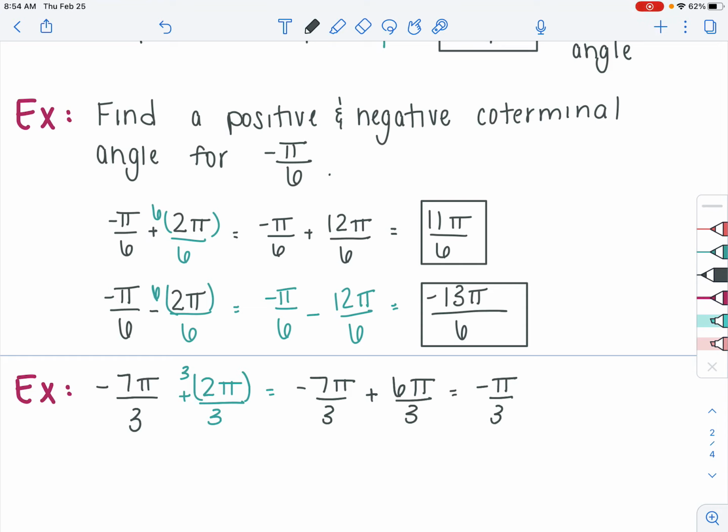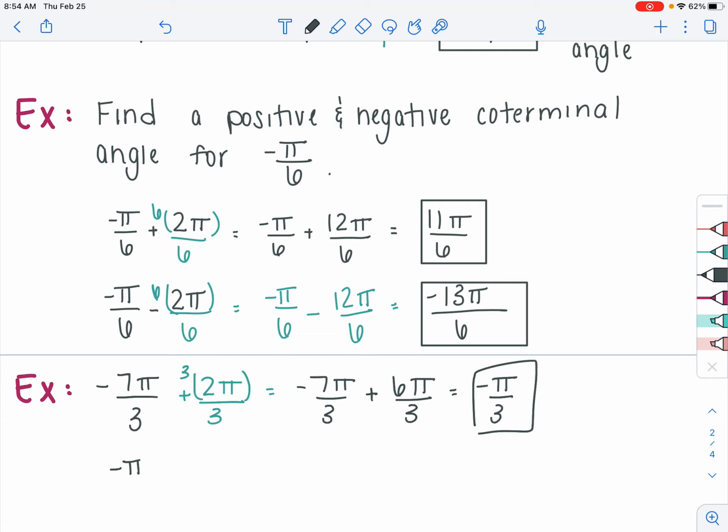Because even though we added and we were expecting to get a positive coterminal angle, it's okay that we just got a negative coterminal angle. So we still partially answered our question. We still got a negative coterminal angle. If I need to get a positive one now, I'm just going to keep adding 2 pi to my answer.